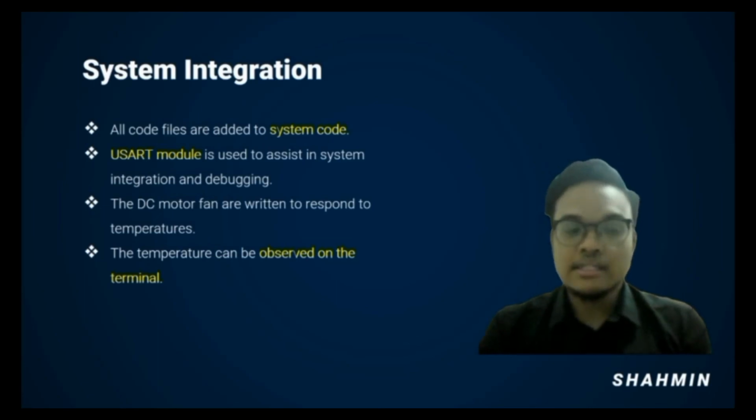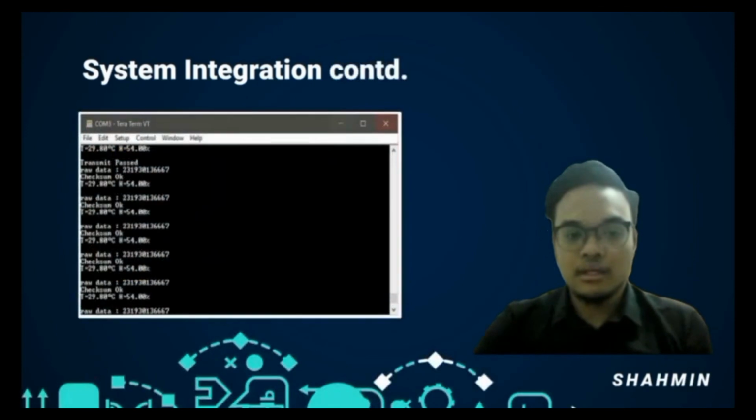The DC motor fan is written to respond to temperature changes and also humidity. The temperature can be observed on the serial terminal on Tera Term. So this is the final test. This is what it looks like when the whole project is working properly.